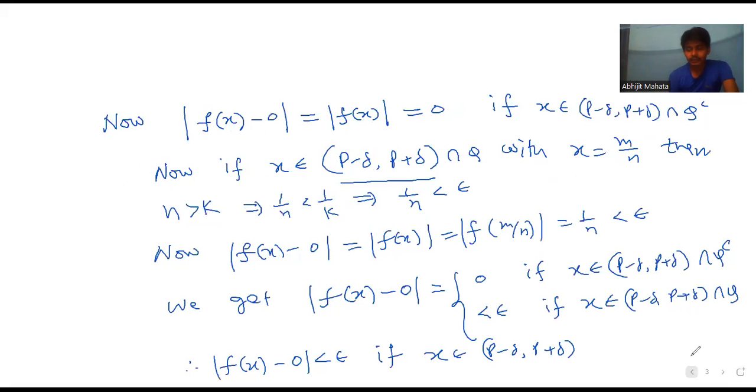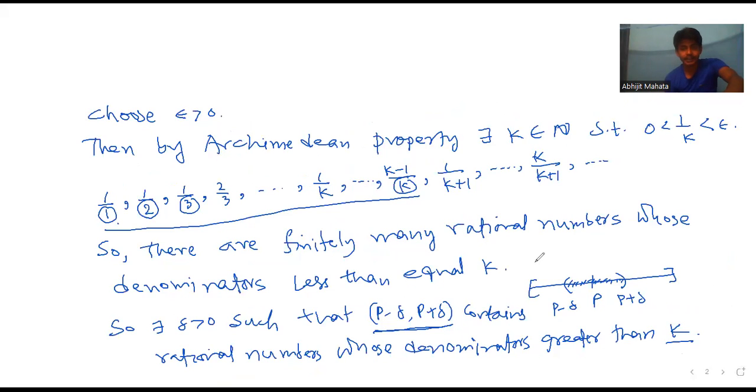So I think you got it. The important idea here is that there are finitely many rational points with denominator less than k. That's why we can make an open interval around p such that the open interval does not contain any rational number whose denominator is less than k.